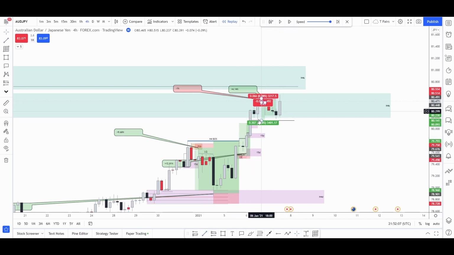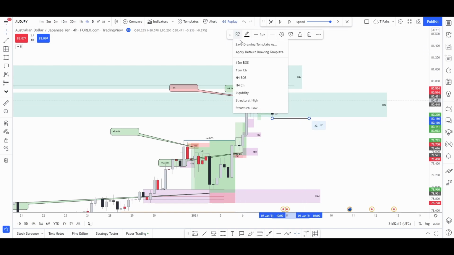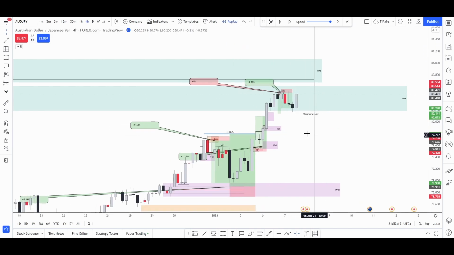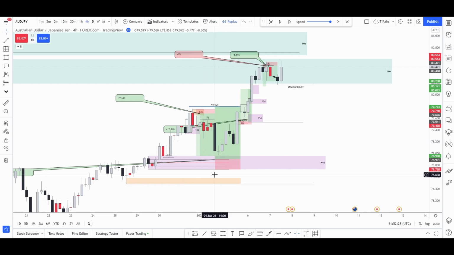Not much, it's not a pullback or anything, so I'm not really that interested. Probably more in this one, now that we've broken the high, so that's a 4 hour structural low, let's just call it. Even though it's not, let's just call it that for the time being. This one as well. And then we've also got this one.